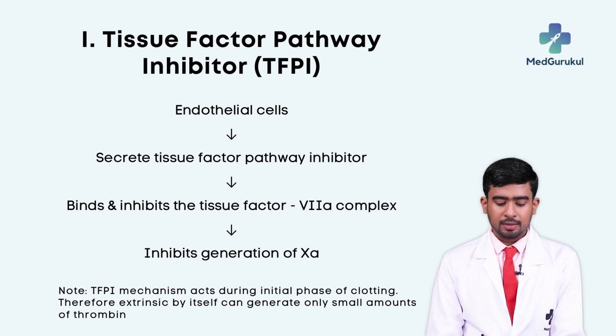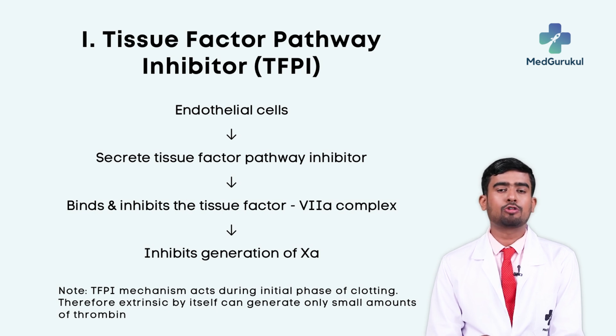And finally, this is controlling the initial phase of coagulation via the extrinsic pathway, thereby adequate amount of thrombin will not be generated, because thrombin is needed for positive feedback, further increasing the rate of activation of the further clotting factors. So, as it is preventing the formation of thrombin, it will control the clot formation in the initial stage itself. So, this is about the tissue factor pathway inhibitor.